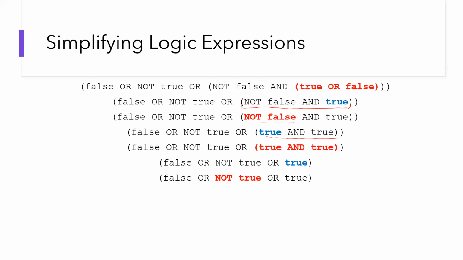All right, and now everything's in the same set of brackets, so we are just going strictly on order of operations. Not true. Now we have false or true. So when you have two ors or two ands, we just go left to right. So we would evaluate this one first, and then whatever this gives us, well, this gives us false. And then we evaluate the second one, true.